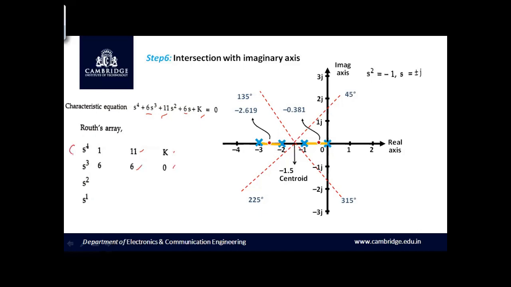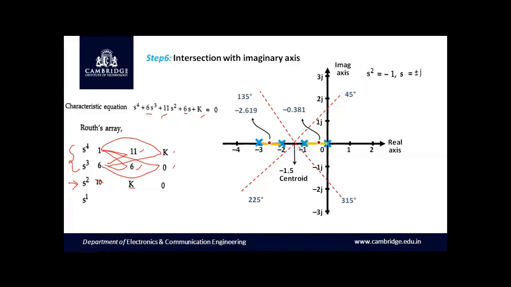Once after filling the first 2 rows in the Routh array, we know to fill up the rest of the rows making use of the formula. For the third row, the first element is given by 6 into 11 minus 1 into 6 divided by 6. Therefore, we get 10. Then for the third row, the second element, we can make use of the pattern 6 into k minus 1 into 0 divided by 6. Therefore, it is k.